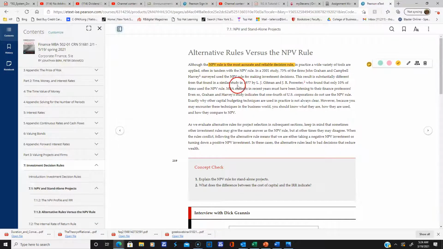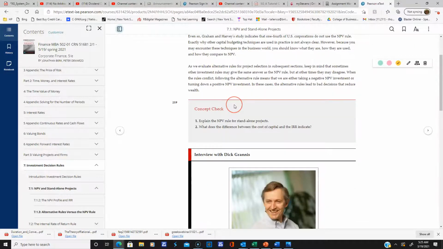Anyway, in this survey, 75% of the firms used net present value. This result is substantially different from that found in a similar study in 77 that only 10% used the net present value. So you can see it really jumped over time.